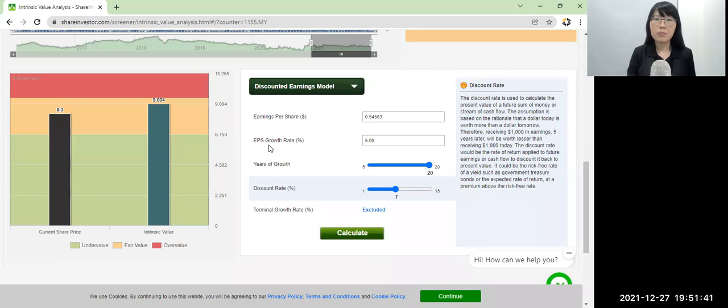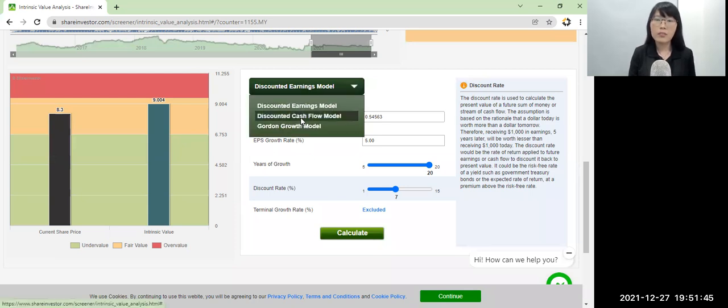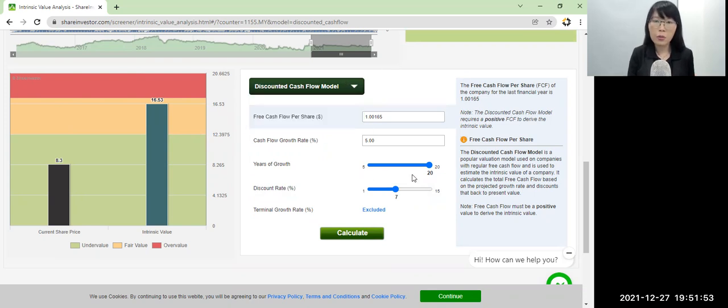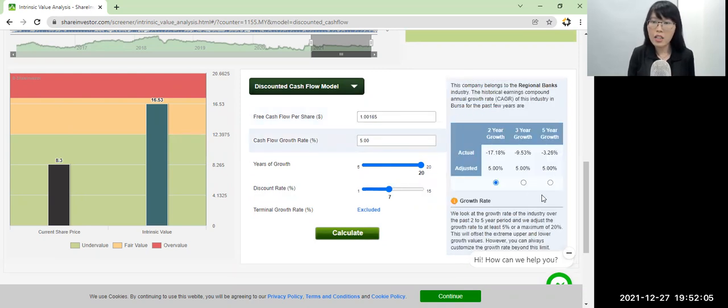Okay. You can also use the discounted cash flow model to calculate the company's intrinsic value. So you can see that the free cash flow per share for Maybank is about 1 ringgit. And then the cash flow growth rate is adjusted to 5%.